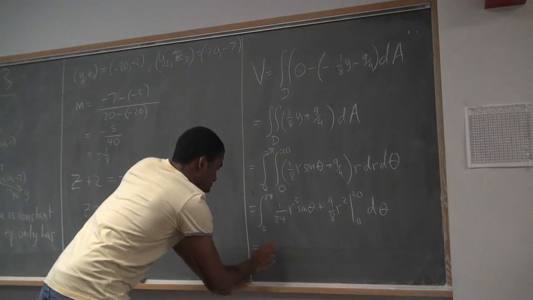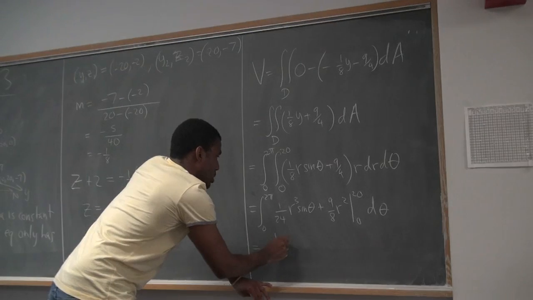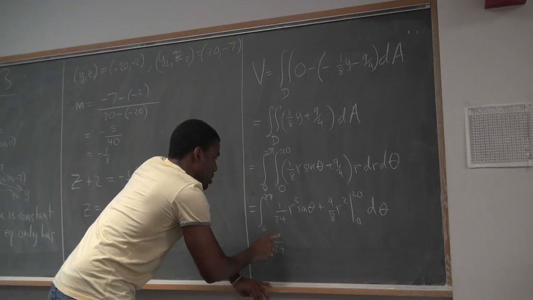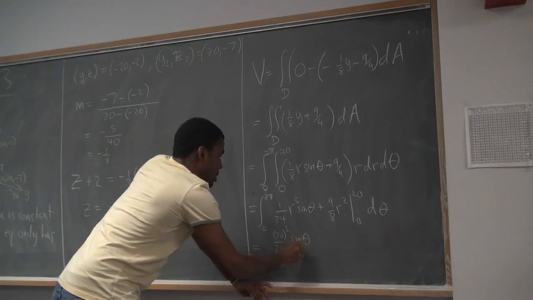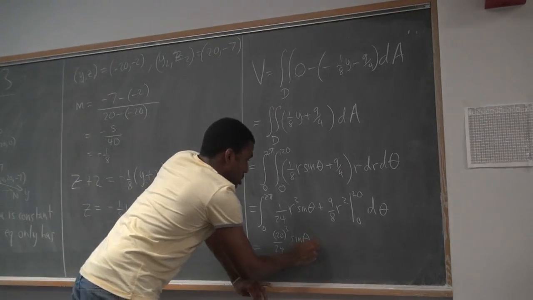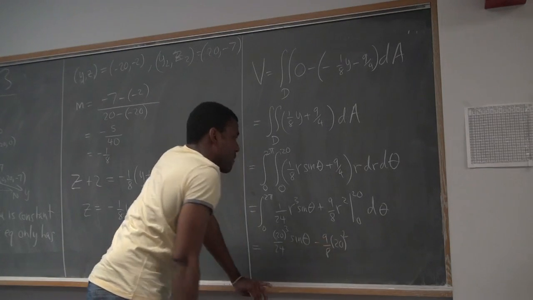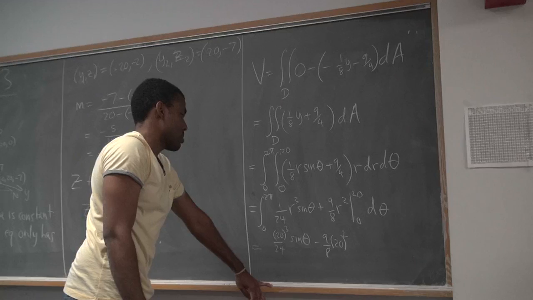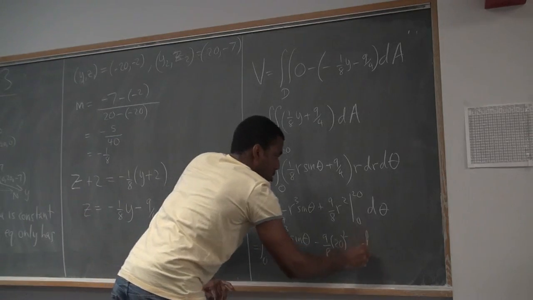So this would be 1 over 24 20 cubed sine theta minus 9 over 8 times 20 squared, between 0 and 2 pi d theta.